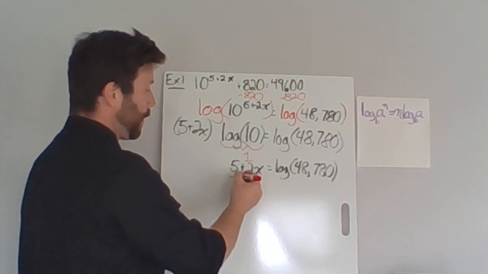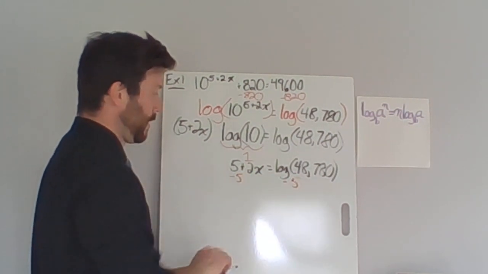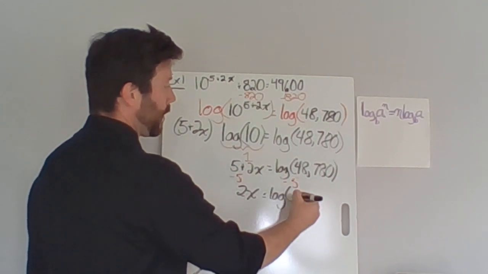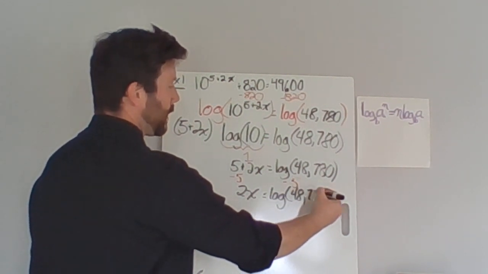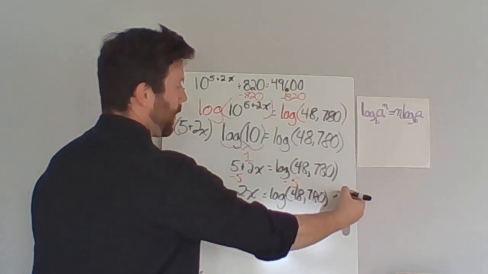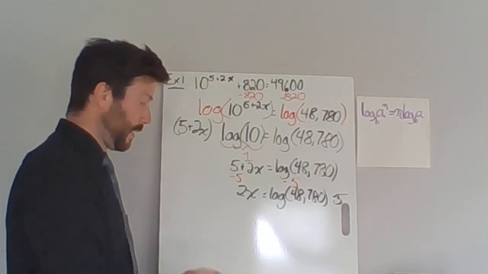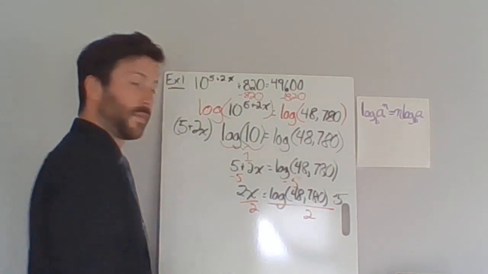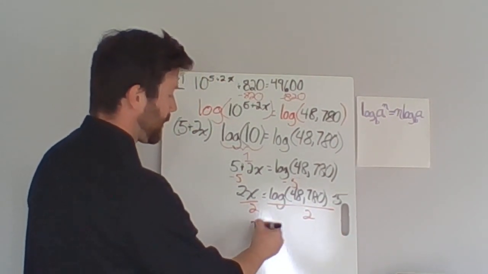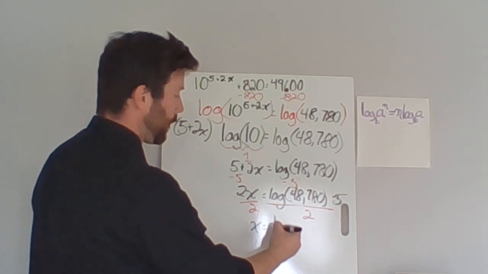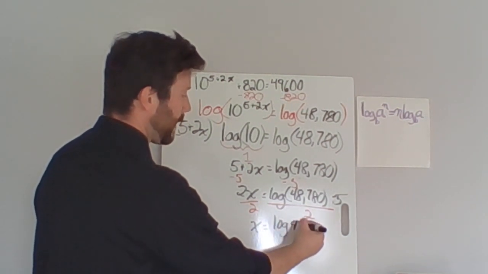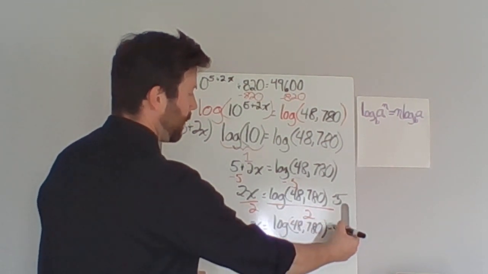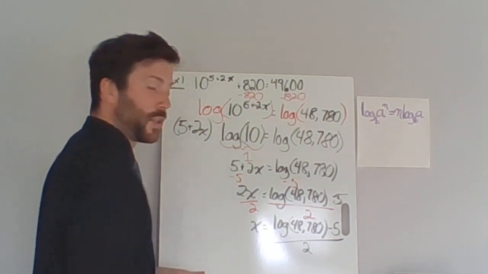We'll subtract 5 from both sides, and we'll have 2x equals log of 48,780 minus 5, and then we'll divide both sides by 2. So now we have x equals log of 48,780 minus 5 all over 2.